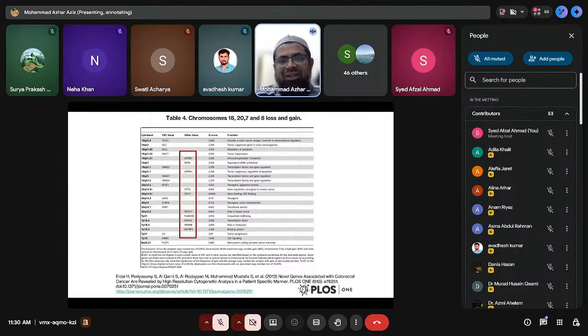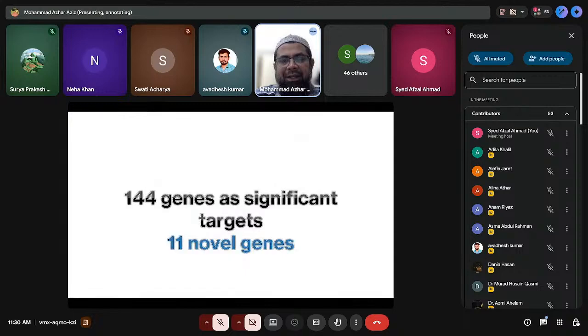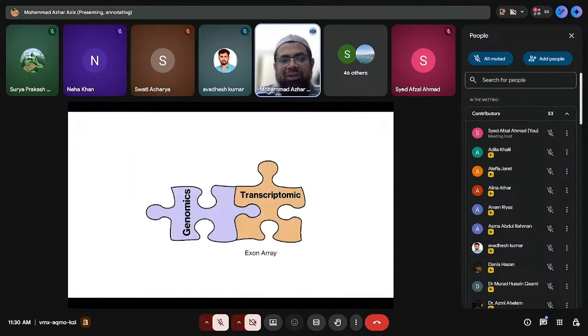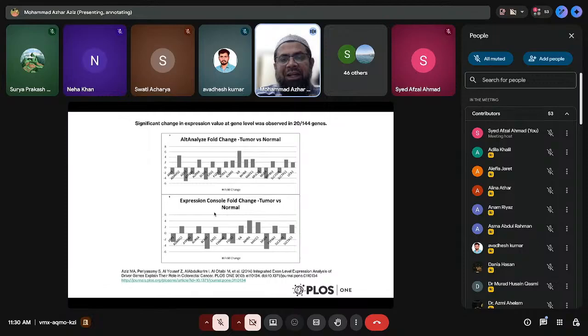If you want to take a screenshot, you can do that as well. And then look at this picture where you have the RNA level evidence. So you have to spot which gene or genes are common to both DNA and RNA.